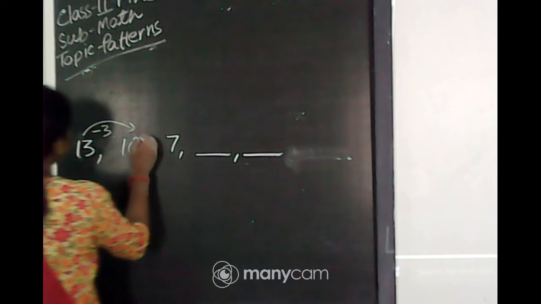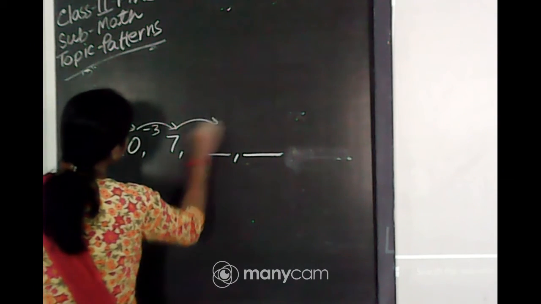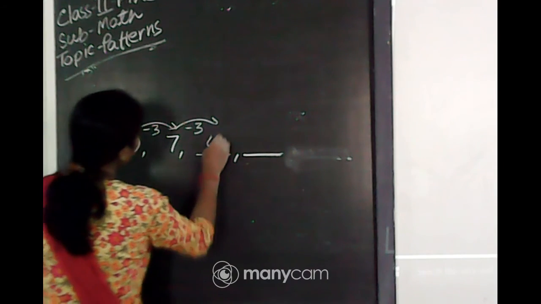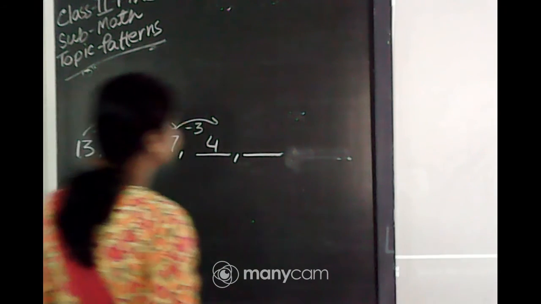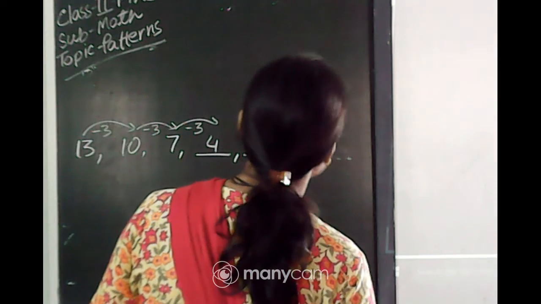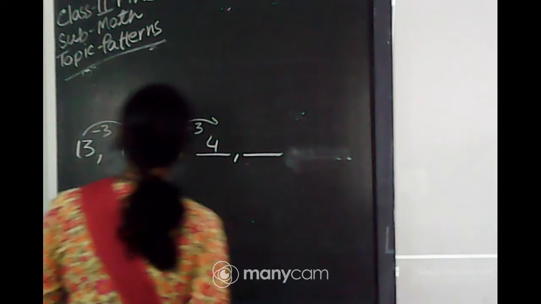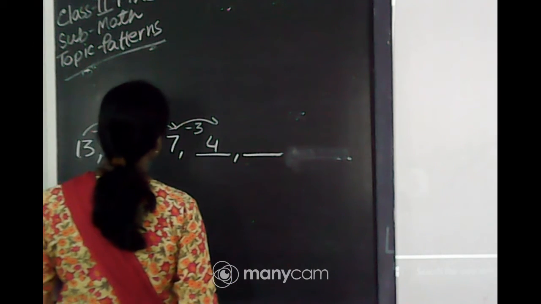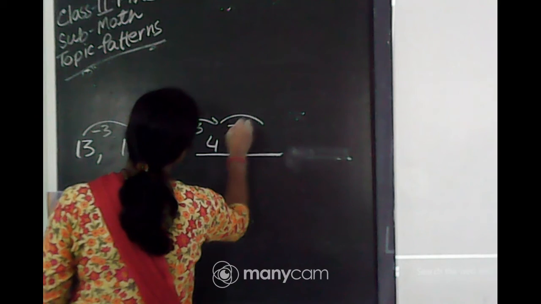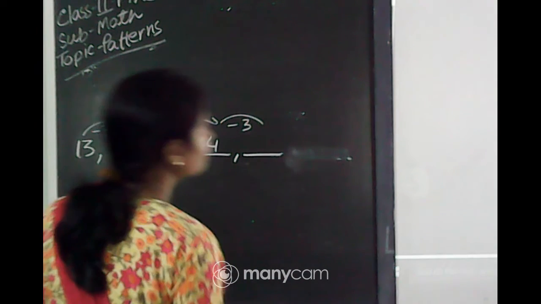Minus 3, 10. 10 minus 3, 7. 7 minus 3, 4. 2 blank. Pratyushna, 7 minus 3, 4. 4 minus 3, 1.